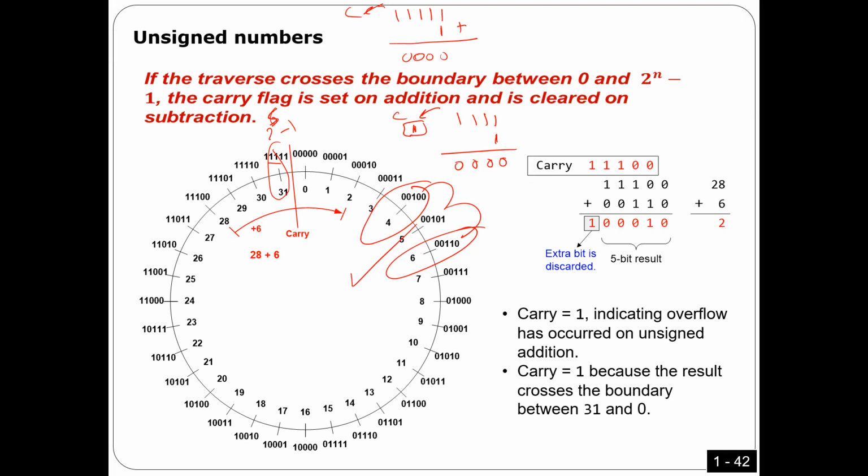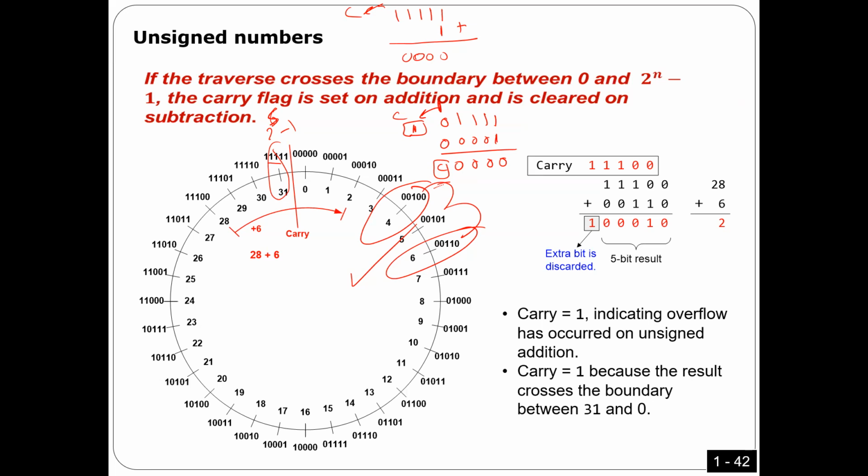Because if you do extension, as I have just said, this one will be added here, so the carry will come here. This is just an exception. In the general rule, if you want to correct it, you need to extend the numbers and then do the addition again, and you will be okay. But as a shortcut, only for unsigned numbers, you can take the carry as a part of the answer.